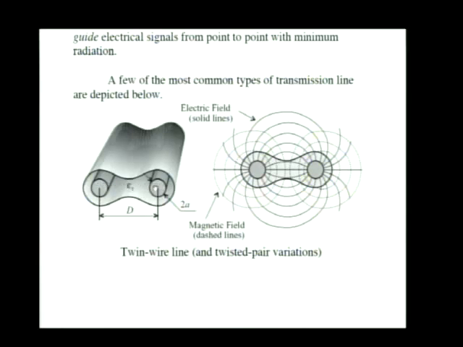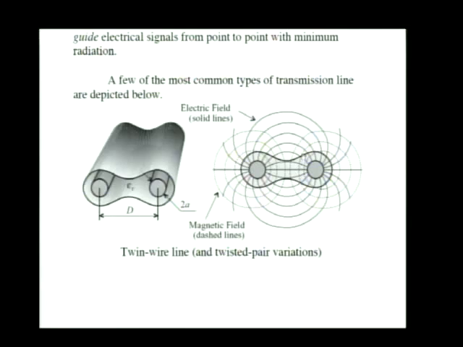Just a pair of wires is shown here, conductors of radius A and separation capital D, connected from one point in the circuit to another, guiding voltage waves and current waves and electromagnetic fields from one point to another in this direction, the direction of the transmission line.